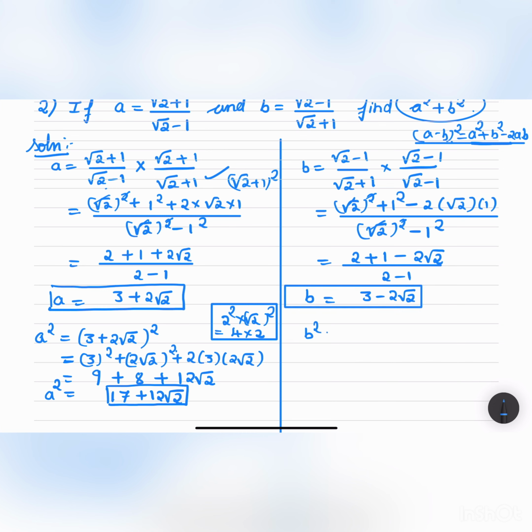B square is equal to 3 minus 2 root 2 whole square, and we are applying the same identity, a minus b whole square. That will be equal to 3 square plus 2 root 2 whole square minus 2 into 2 root 2 into 3.